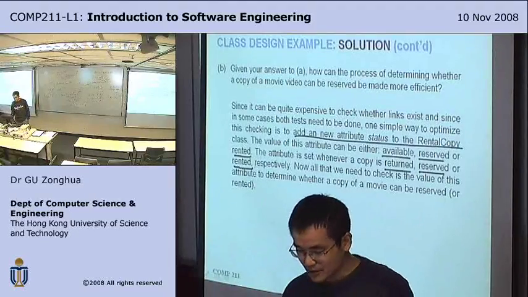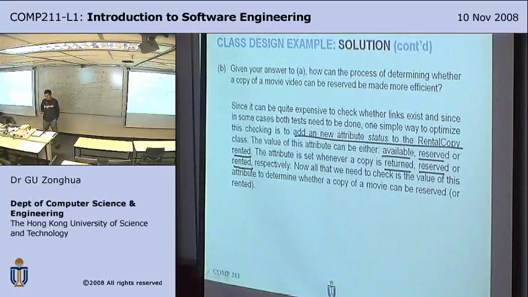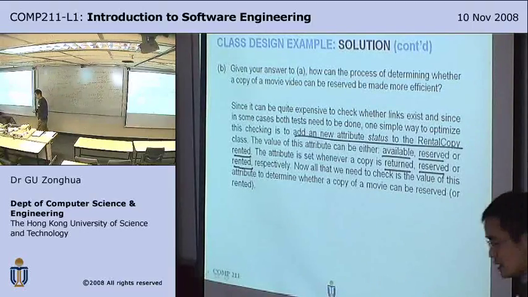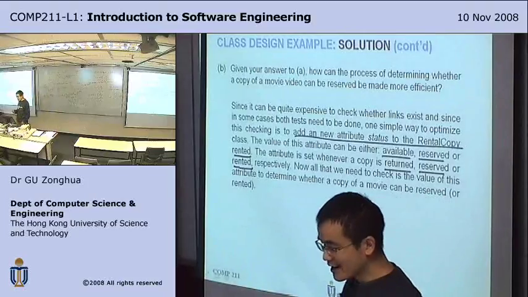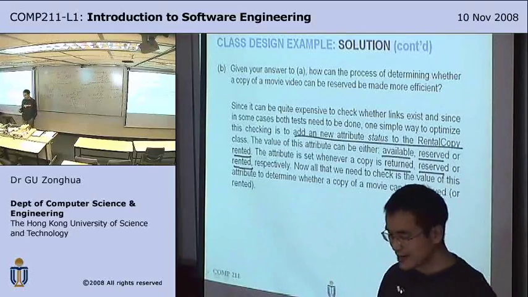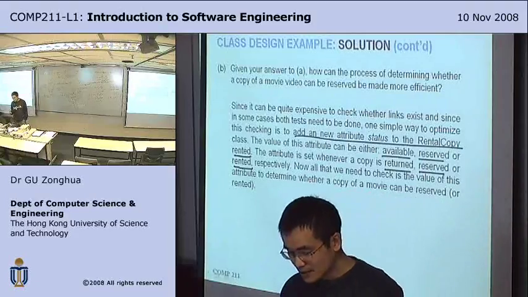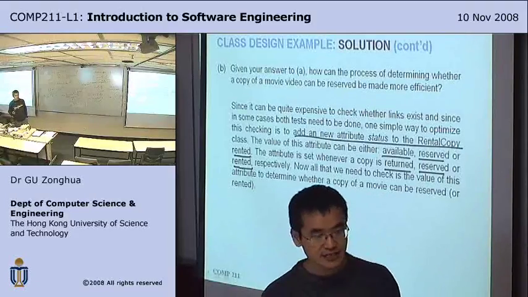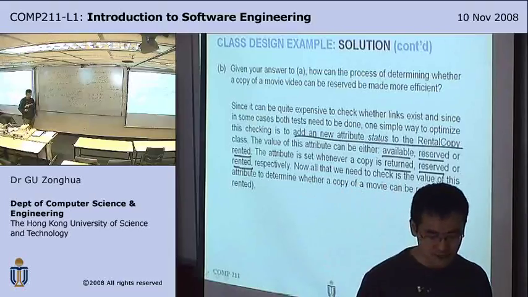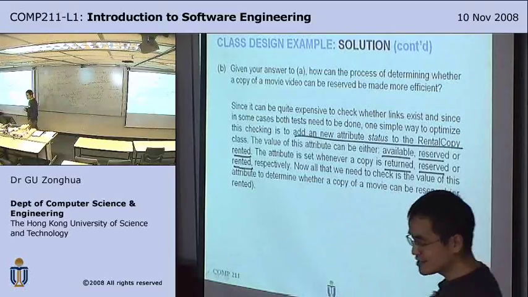This is really a trade-off: you're doing more work during daily operation. You do this one more step of updating the attribute, and then the later operation of checking the status can be very efficient. But if you do less work, that means you do not update the attribute.